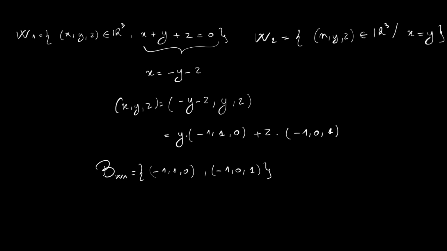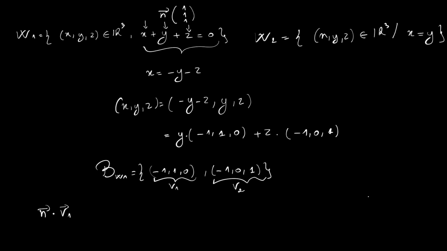I have a remark. We can quickly verify that these vectors are correct by calculating the scalar product with the normal vector to the plane W1, which is n equals 1, 1, 1, the coefficients of x, y, and z. For example, I name this V1 and this second vector V2.